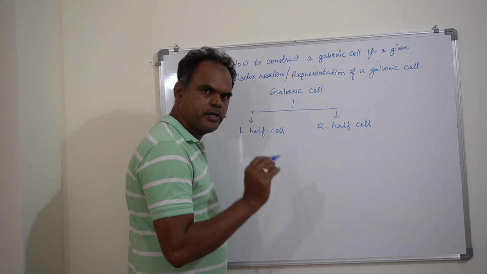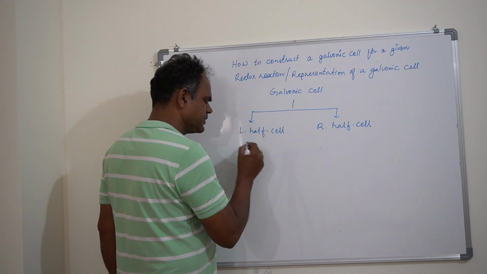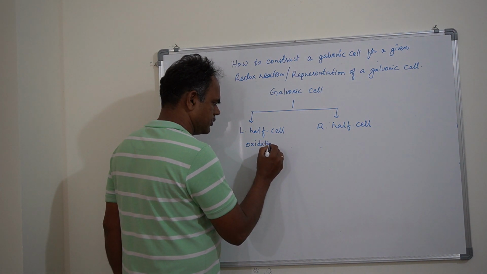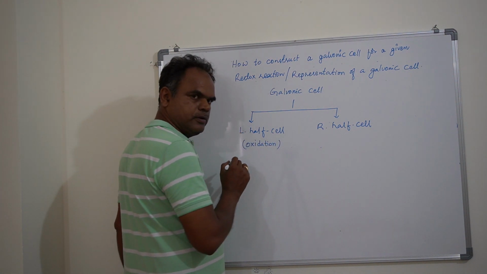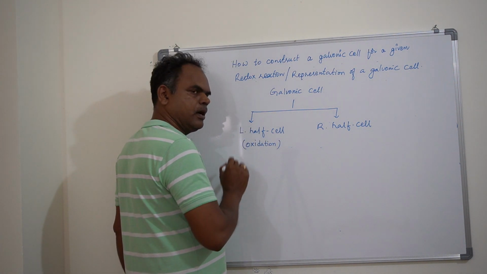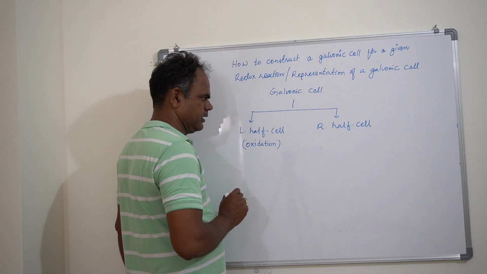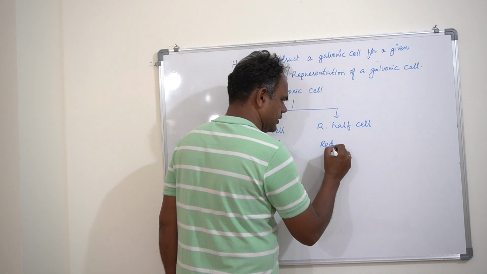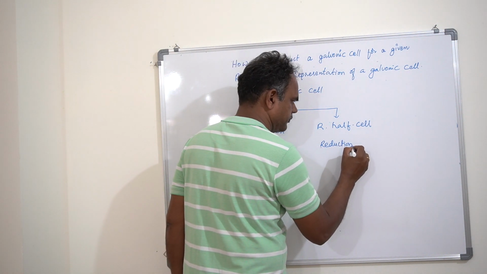Both half cells work independently. In the left half cell, oxidation takes place on the electrode of the half cell, and in the right half cell, reduction takes place.